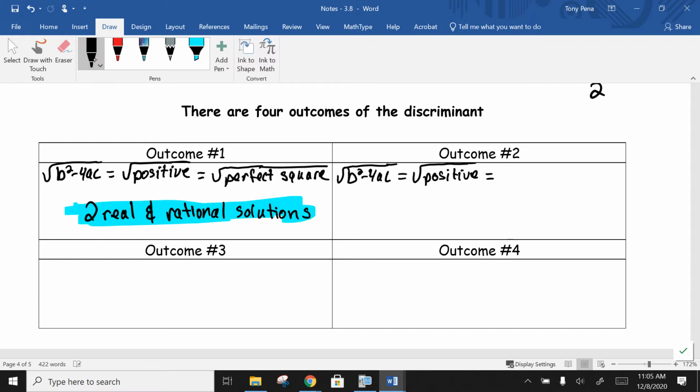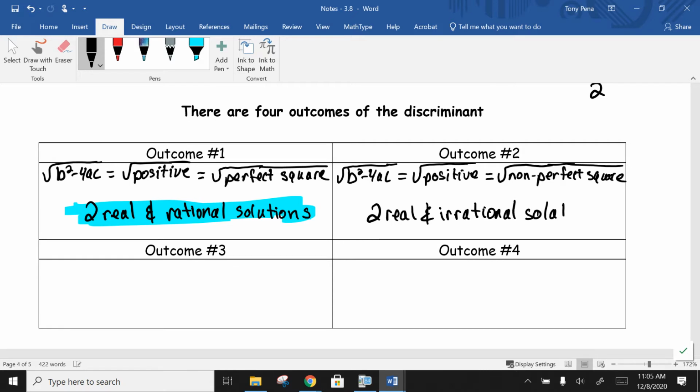However, we could also end up with a positive number that is a non-perfect square. That means we're still going to get 2 real answers, so 2 real solutions. However, these are the ugly ones that we've been doing, where we get those radicals in our final answer, and those are our irrational.